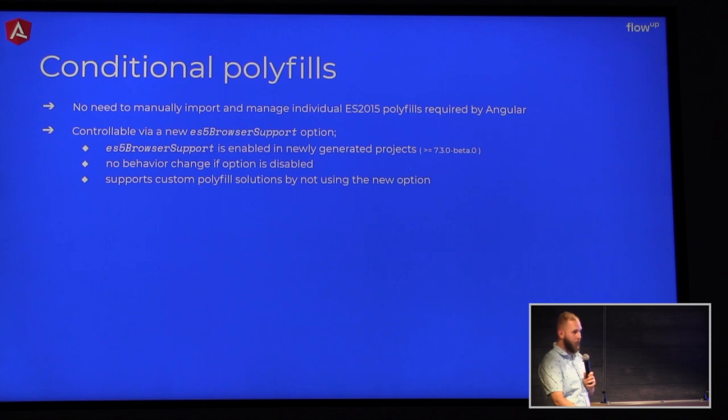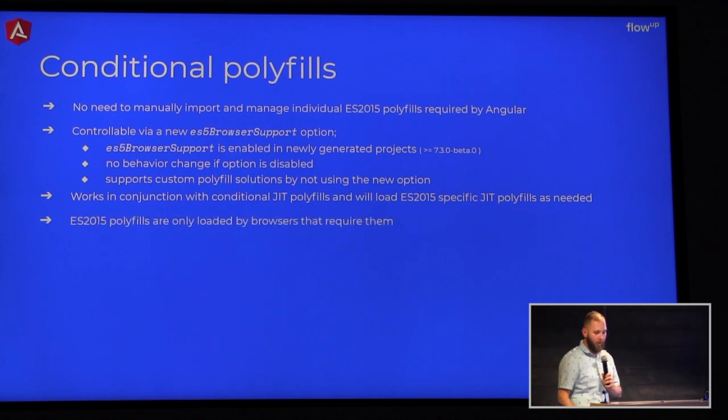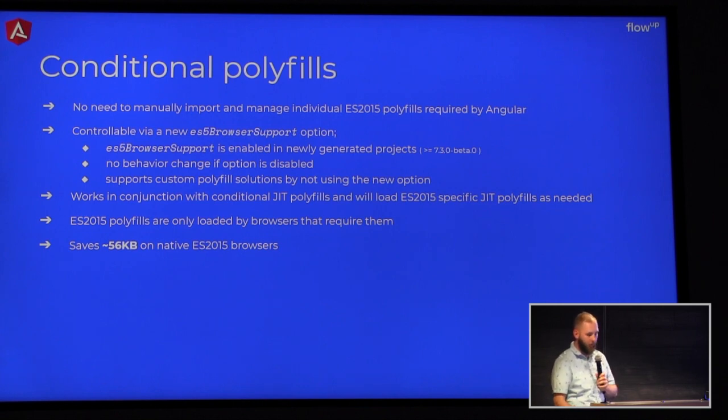Custom polyfills can still be added, so you can still have a polyfill somewhere aside where you are putting your polyfills, and it works with both JIT and AOT polyfills, so that's great. These polyfills are served only to the browsers that actually need them, and that means that the evergreen browsers will load less, and it can save more than 50 kilobytes on the modern browsers.